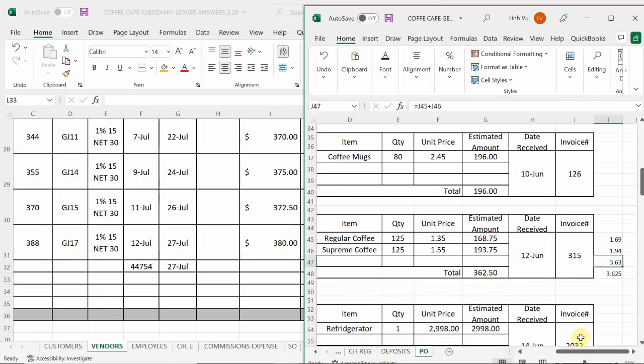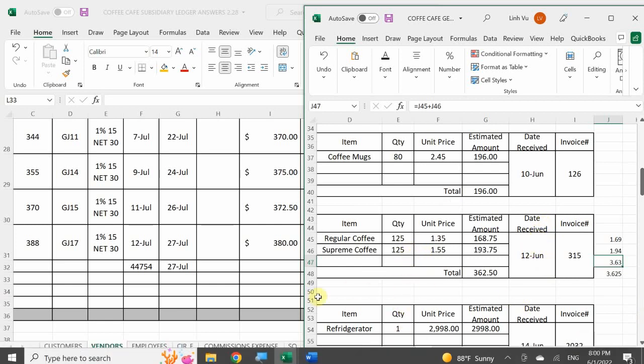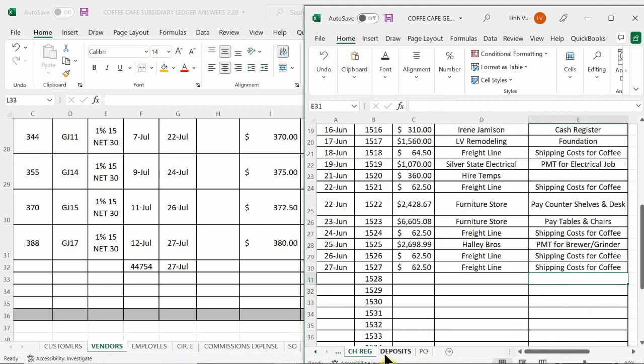So in this case, I need to also deduct these from my inventory account. I need to take a discount off of my regular coffee for $1.69 and take out a discount for my Supreme coffee for $1.94.